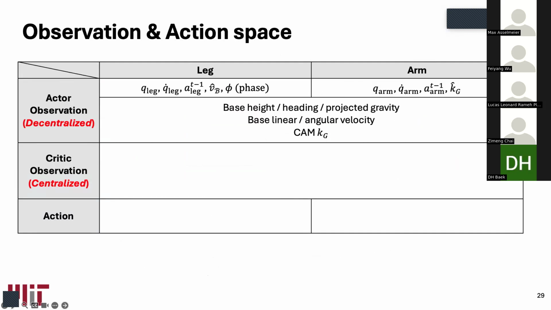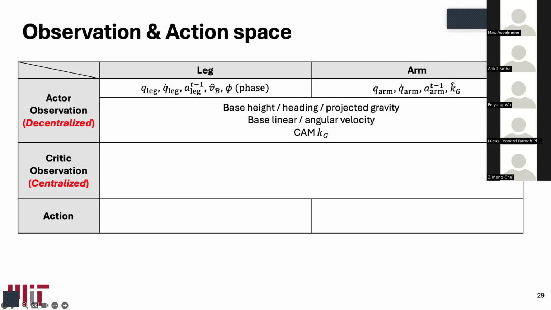Okay, so let's briefly discuss the details of the framework. As I said, the actors are separated, whereas the critics are centralized. The leg part will observe the leg joint information as well as the command and the phase, whereas the arm part observes the arm joints and the desired centroidal angular momentum.